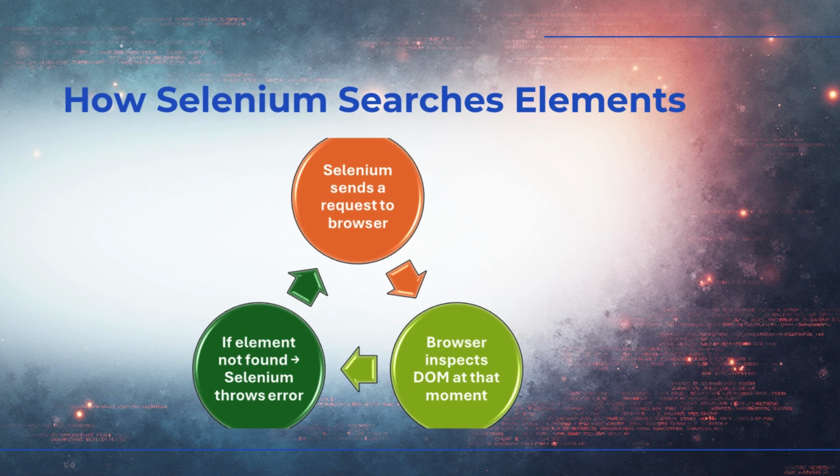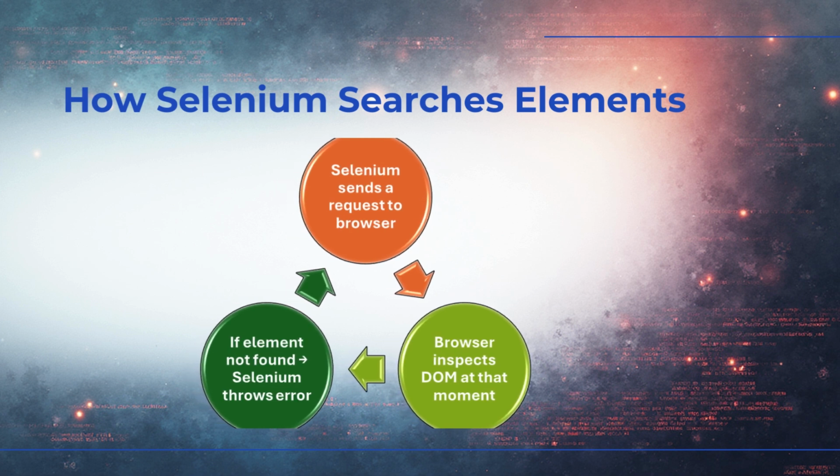How Selenium searches for elements. To understand the exception better, it helps to know what happens internally when Selenium searches for an element. When Selenium runs a findElement method, the following happens behind the scenes. First, Selenium talks to the WebDriver. Using the WebDriver protocol, it sends a JSON command like find an element using CSS or XPath.